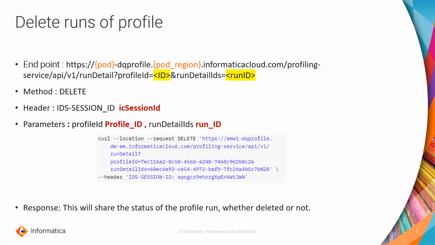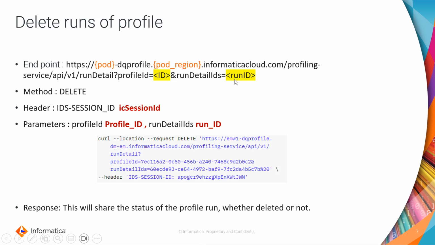In case we want to delete any particular profile run ID, it might be a failed one or a succeeded one, you can delete that profile run. You can use the delete runs of profile API, where you will pass the profile ID as well as the run IDs.